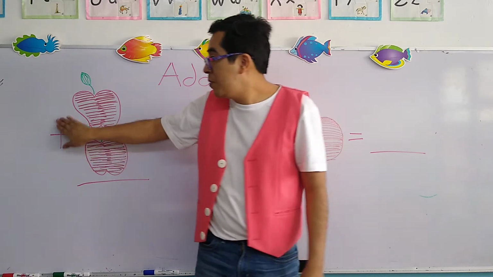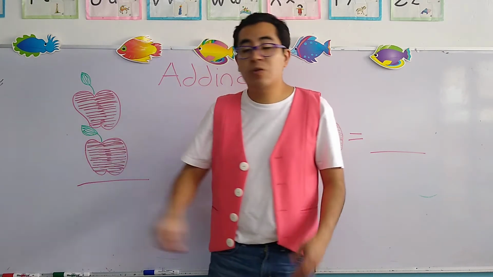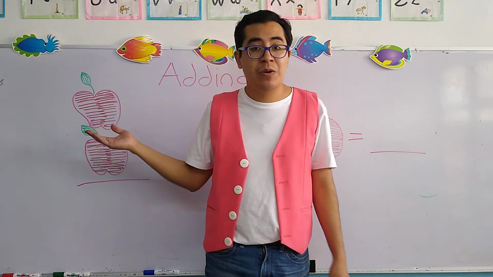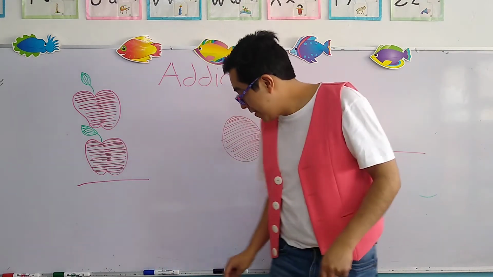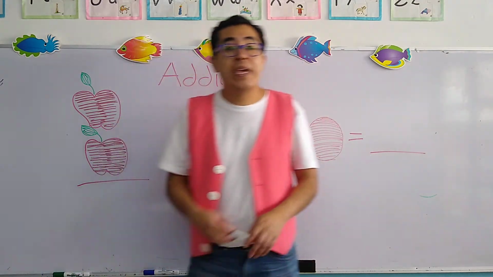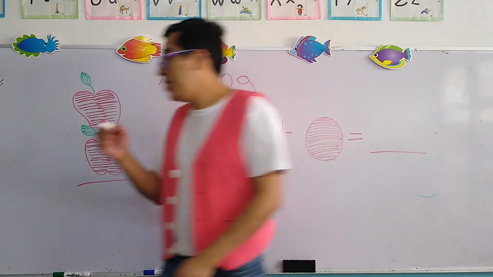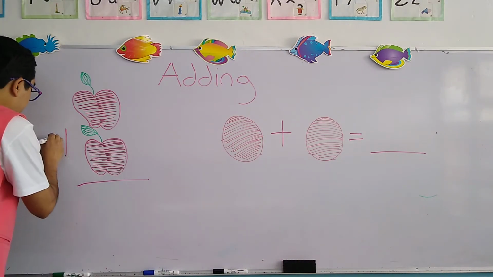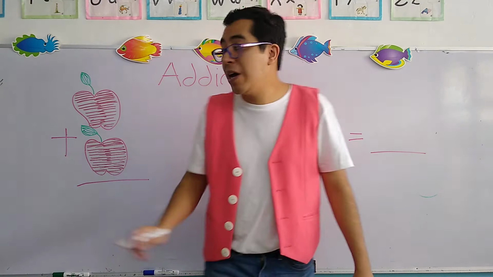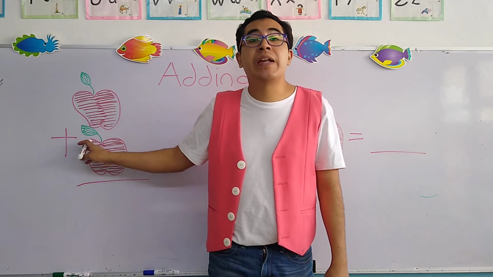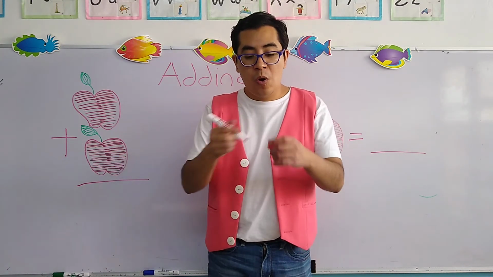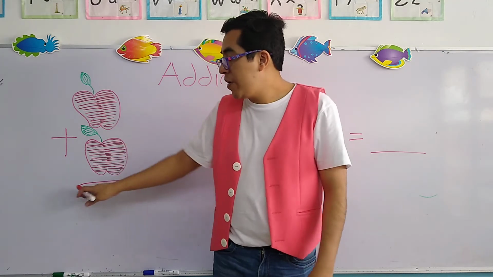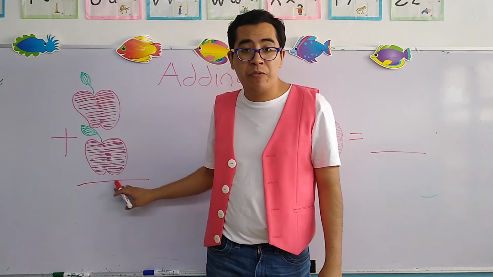Si no tenemos este símbolo, es muy difícil que nosotros entendamos de qué estamos hablando. Okay? So it's very important that if we want to make additions, this symbol appears. It's very important to have this symbol. This means an addition.